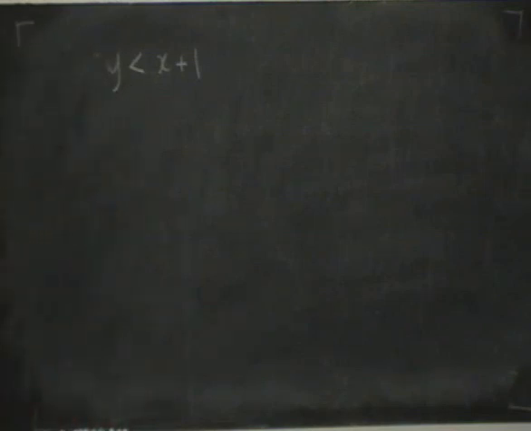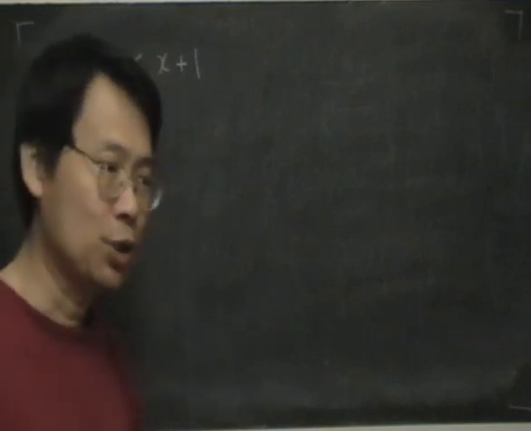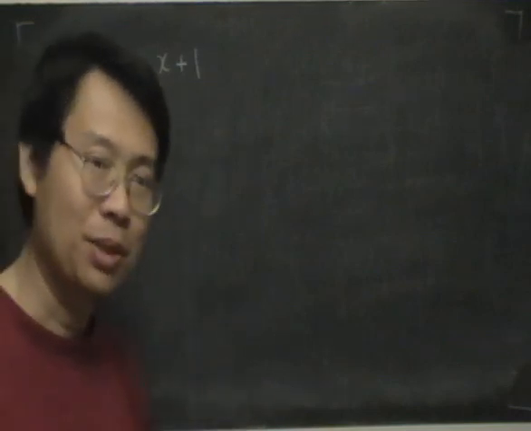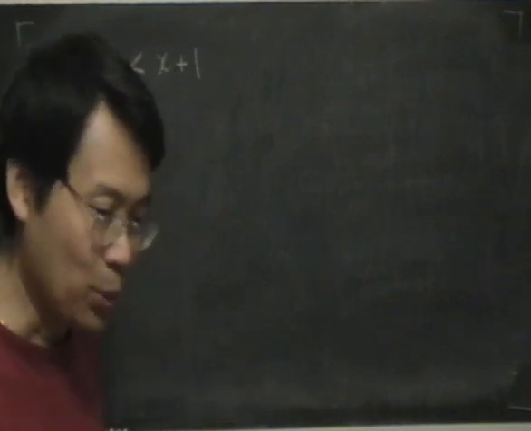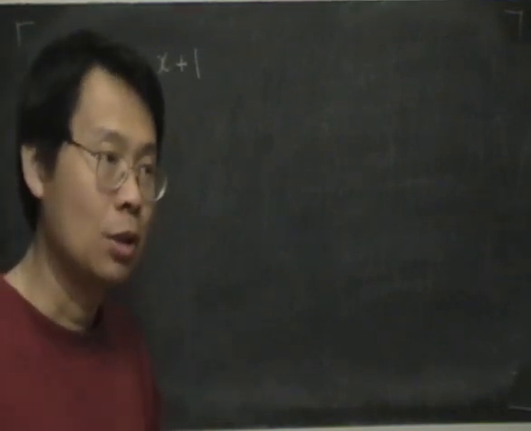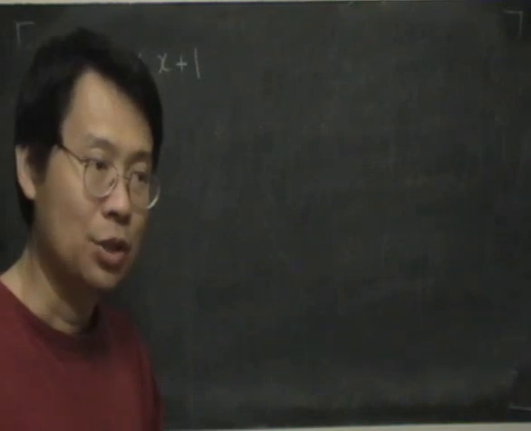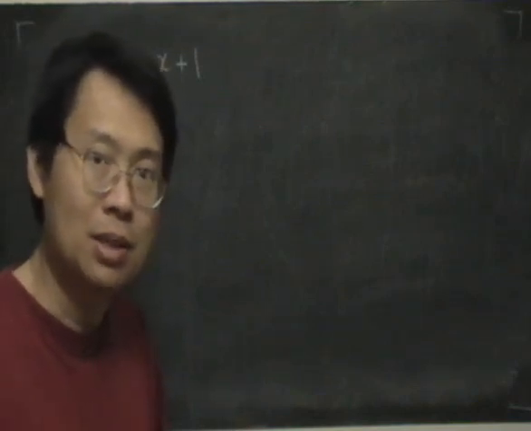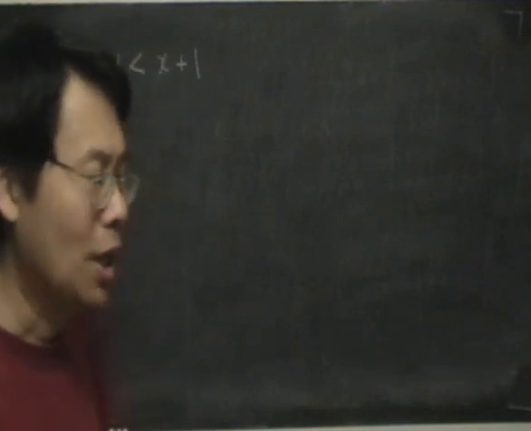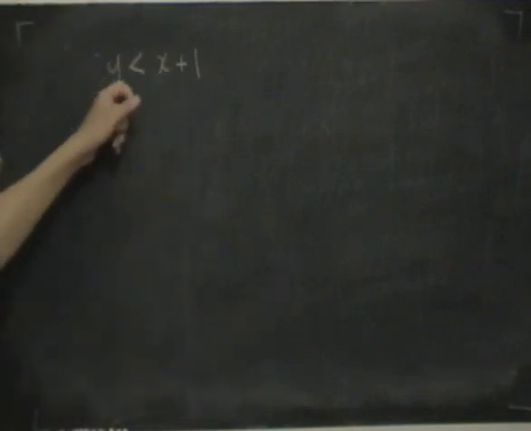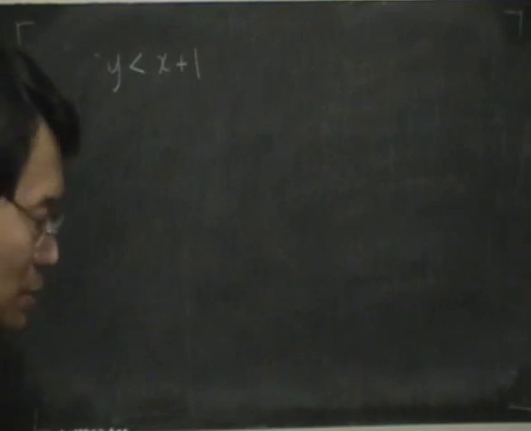It was a lot easier just now where we have just x and a number, like x is greater than 1. So we can easily imagine what that means. It just means that x is any number that is greater than 1, like 2, 3, 4, 5, 6 and so on. But what does y less than x plus 1 mean?